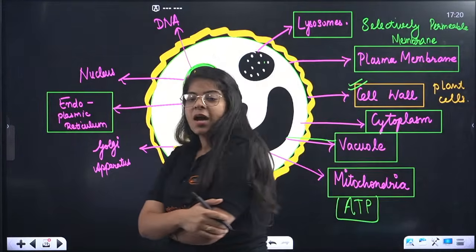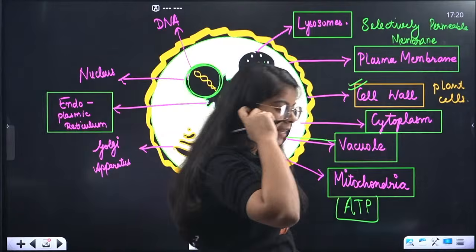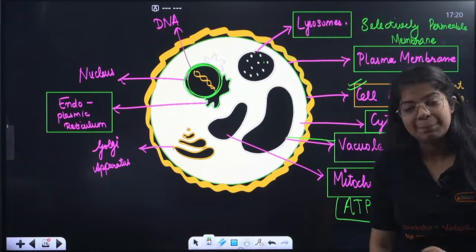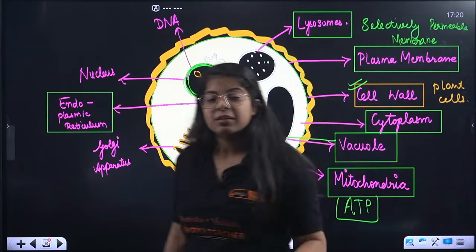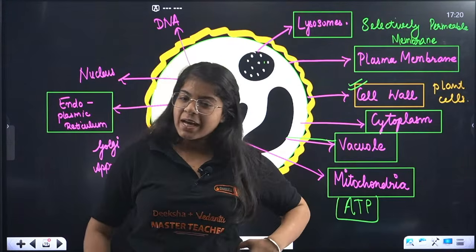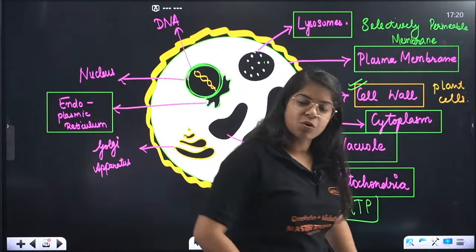Done? Okay, great. So basically this was the whole structure. Yes, Joseph, it's adenosine triphosphate, ATP. Mitochondria creates energy in the form of ATP that is then used by us. It's called the powerhouse of the cell because it stores ATP.